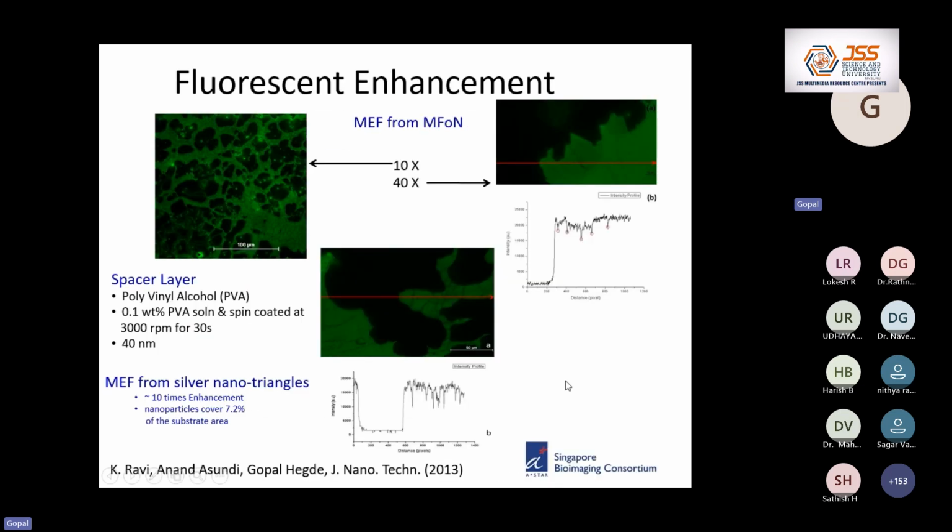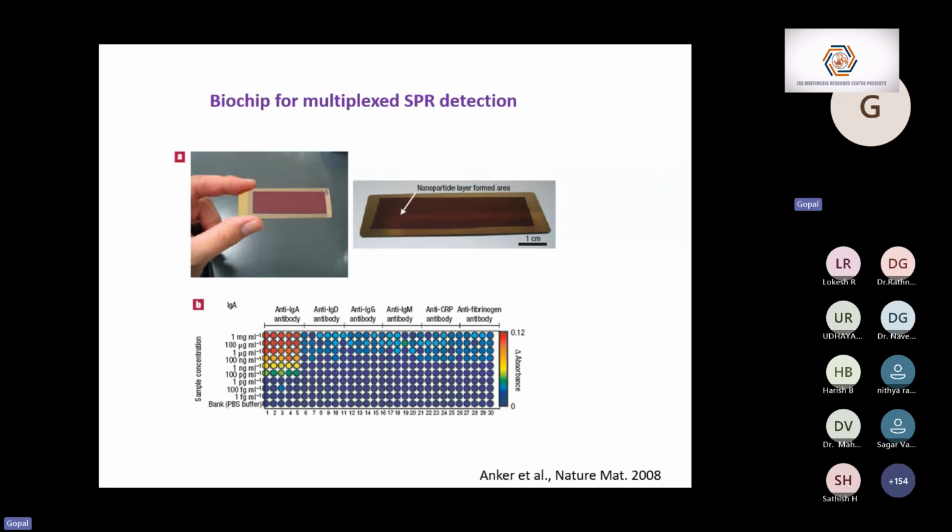You got about 30% or 40% enhancement in the fluorescence, without and with nanostructures. I think in Singapore, the medical people grabbed these techniques for fluorescence enhancement. We couldn't patent it, but it worked very well for them.